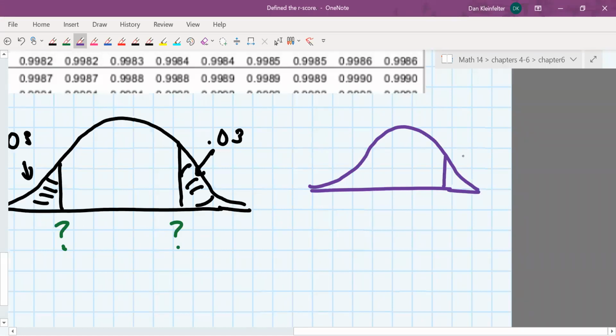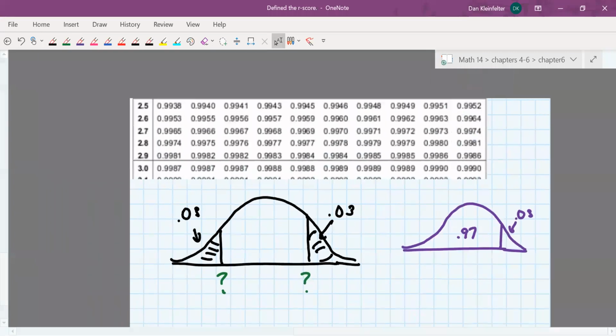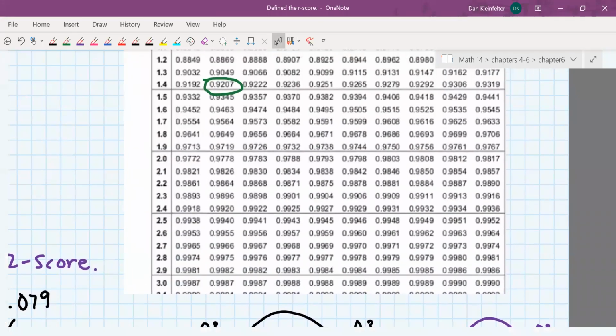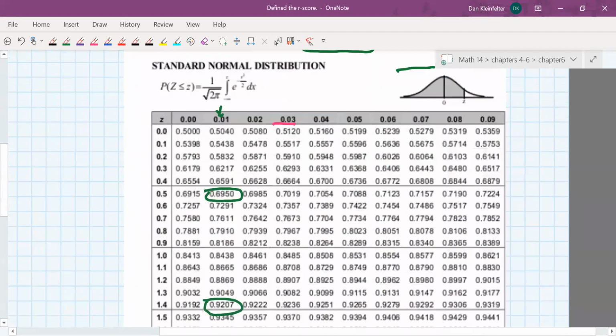If we're going to have 0.03 in the right tail, then all the rest of the area is 0.97. So looking in the body of the table for 0.97, the closest we can come is 0.9699, and that will be 1.88.